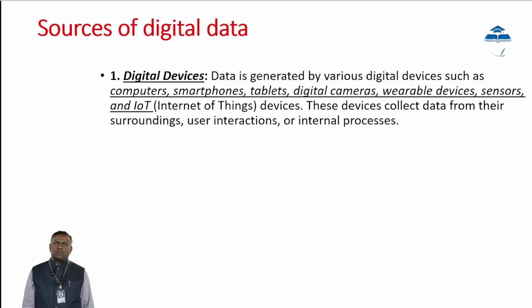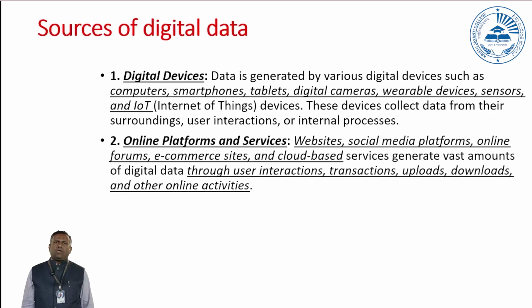The second source of digital data is online platforms and services. These are websites, social media platforms such as Facebook and Instagram, and online forums such as Glassdoor, where people discuss employers and customers. All of those are online platforms where the organization can collect information.